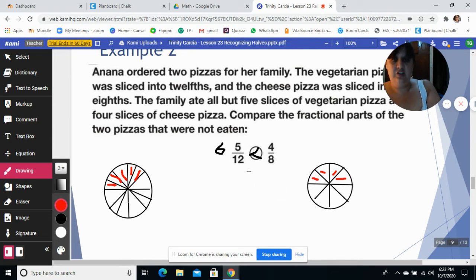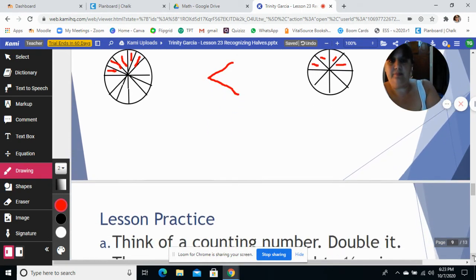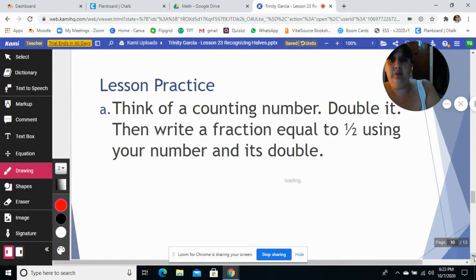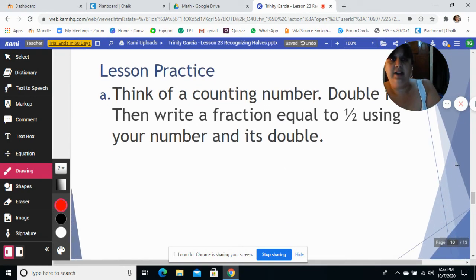Okay, so there's 2 ways of looking at it. So now you could draw the fraction this way. Okay, so if you need to, when you're doing fractions, I encourage you to use some pizzas, okay, to help you figure out your fractions, especially if it's something that is a little tricky for you. And that's totally okay.